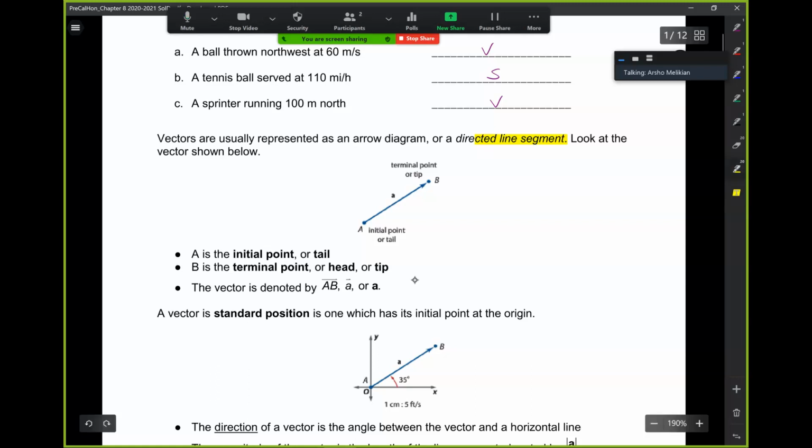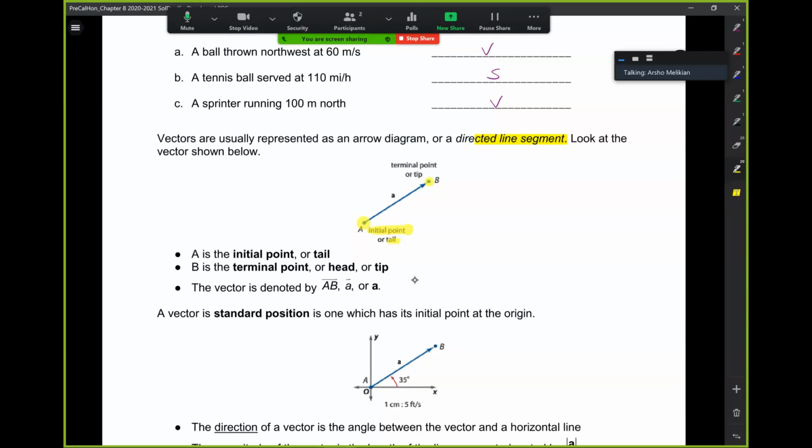The starting point is called the initial point or the tail, and then there is an arrow to the terminal point or the tip.